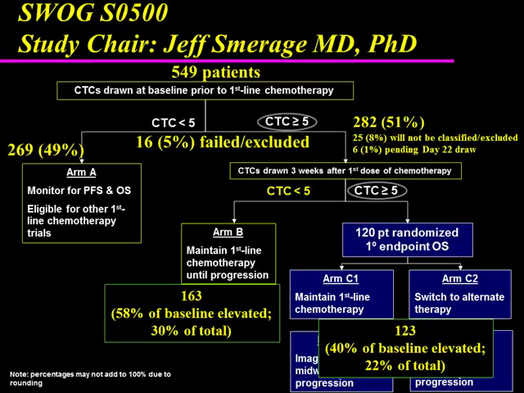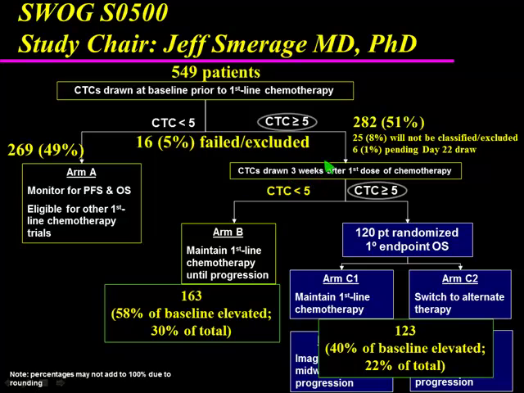So, led by Jeff Smirosh from our institution, SWOG started S0500 about 8 years ago. We screened about 550 patients as expected. About half of them had elevated cells at baseline. Unexpectedly, more of them responded to first-line chemotherapy than we expected.